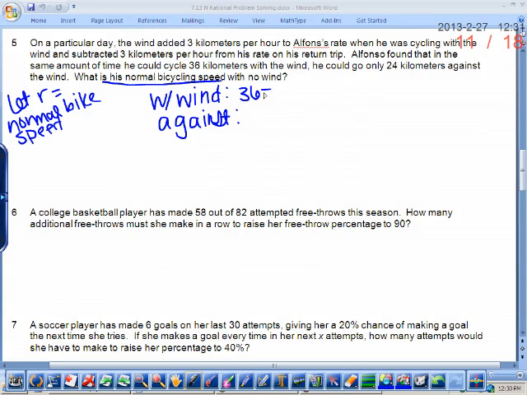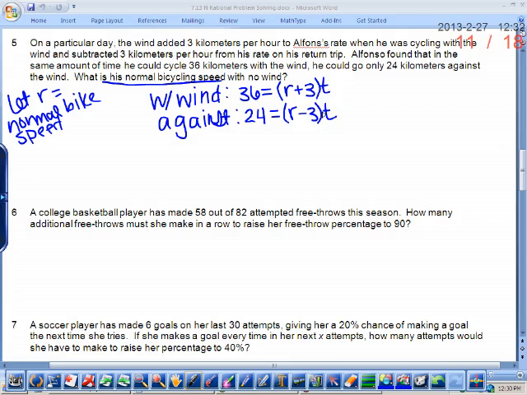So distance equals rate times time. What's our rate? R plus 3. Good. Make sure you put R plus 3 in parentheses. And then his time, again, was the same, right? It says same amount of time. Okay, how about against the wind? 24. So 24 equals R minus 3 times T.